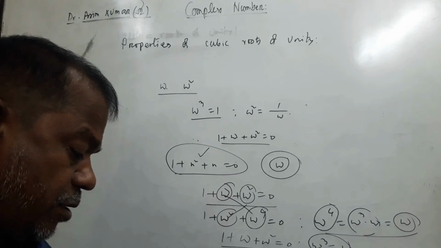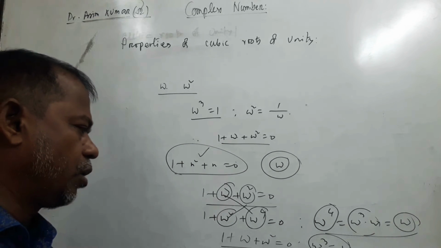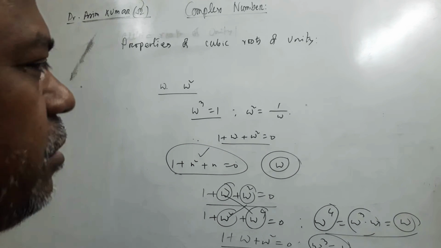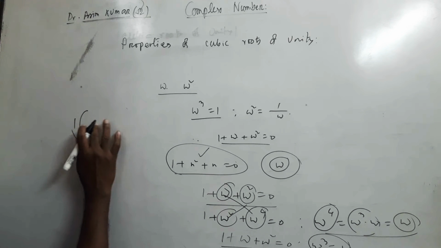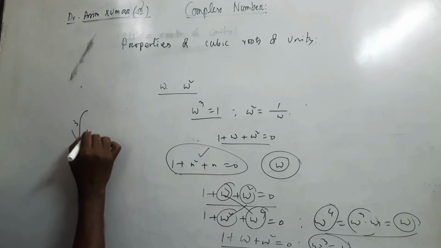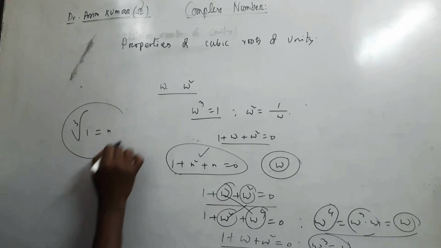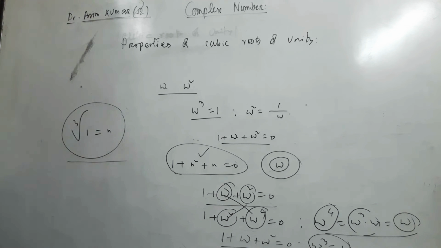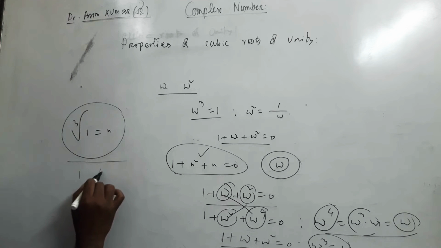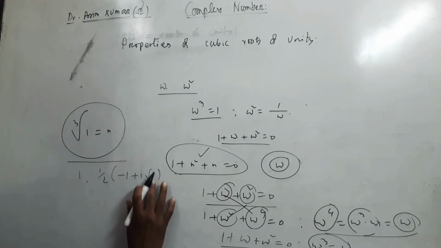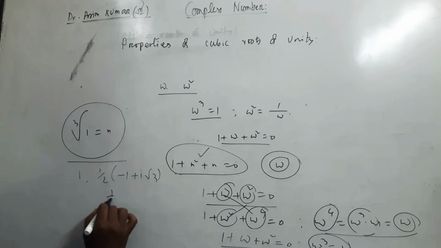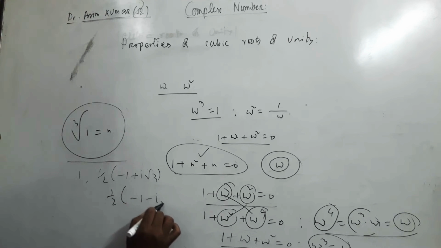It's totally the easiest, I think. Mainly the cube roots of 1: x equal to 1, half into minus 1 plus i root 3, and half into minus 1 minus i root 3.